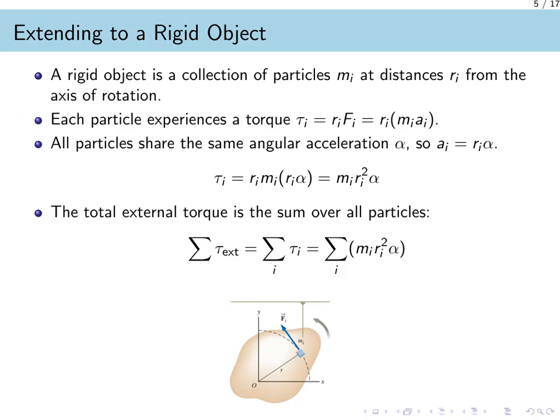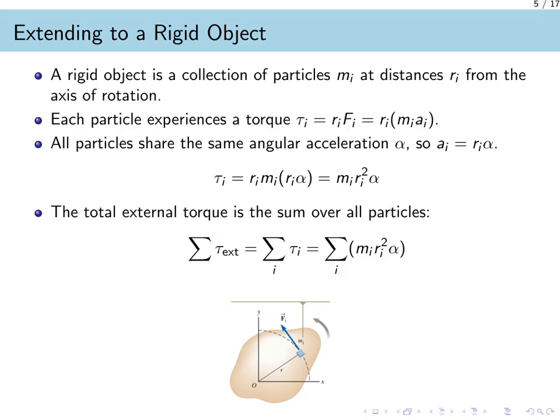Each particle has a mass, m sub i, and is at a specific distance, r sub i, from the axis of rotation. The torque on any one of these individual particles, tau sub i, is its distance from the axis times the tangential force on it. Using Newton's second law, this becomes r sub i times the quantity m sub i times a sub i.